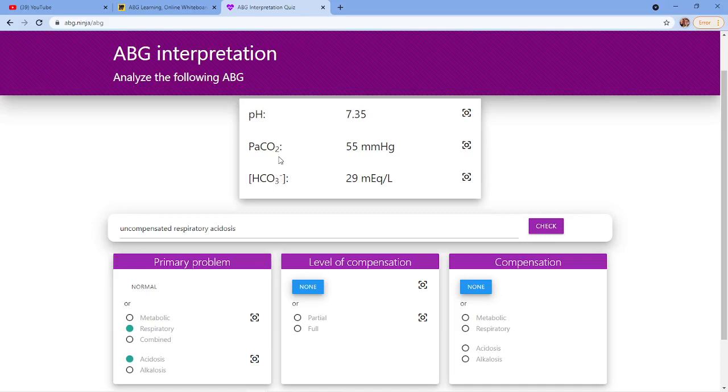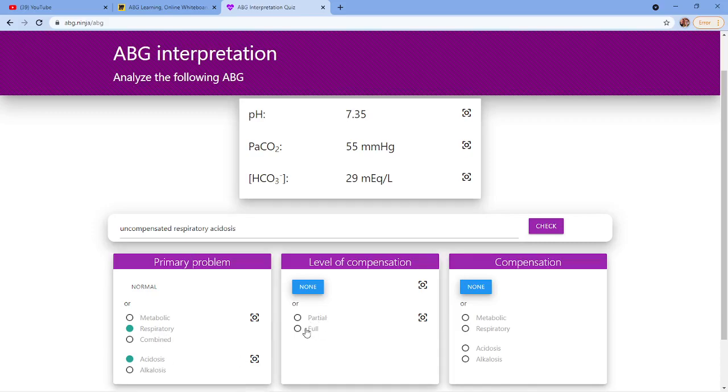And we know that CO2 causes acidosis, so we're going to call it respiratory acidosis, not alkalosis, because HCO3, or bicarb, is basic, and so basic is alkalotic. Carbon dioxide is acidic. Okay, so respiratory acidosis.